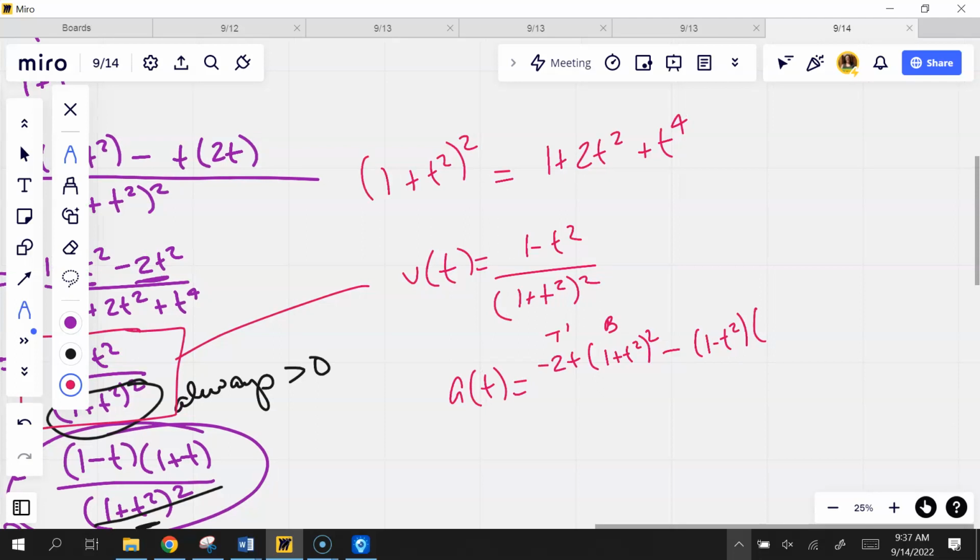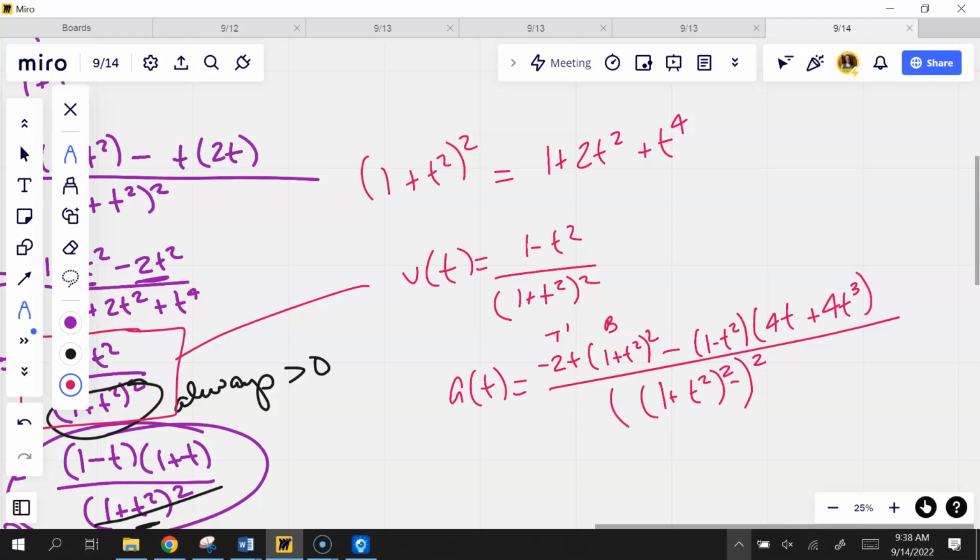So the derivative is 4t plus 4t cubed, all over the bottom squared. But listen, I can combine those and just make that to the 4.